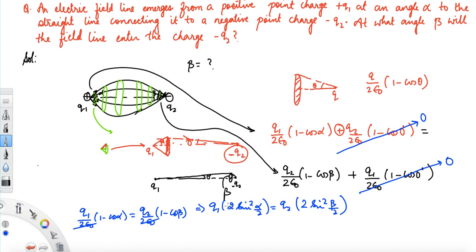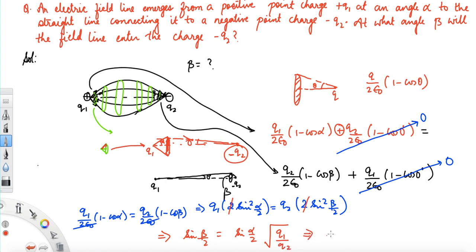Once again this 2 gets cancelled, so from this we can find sine beta by 2 is equal to sine of alpha over 2 times root over q1 over q2.